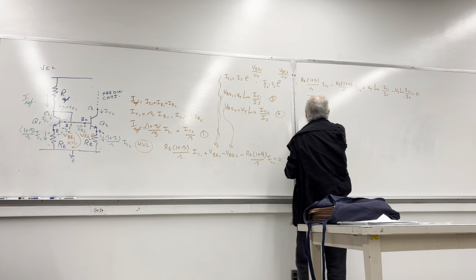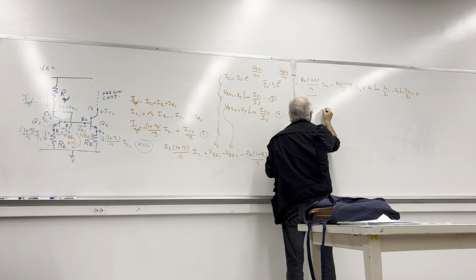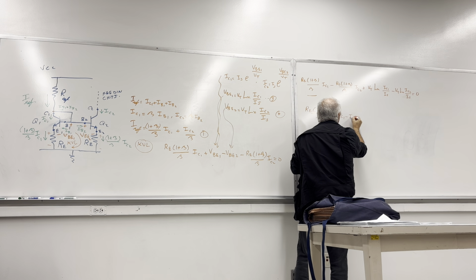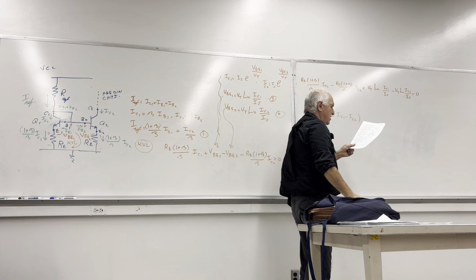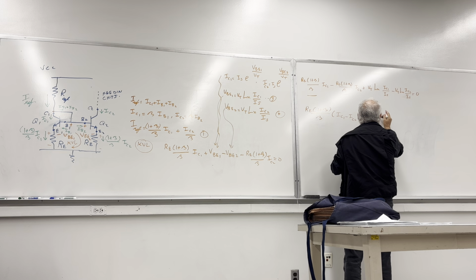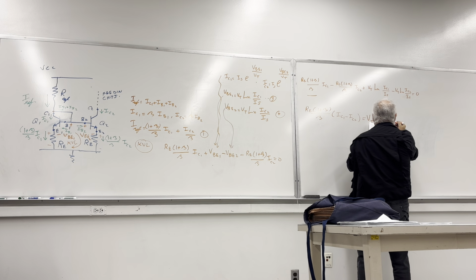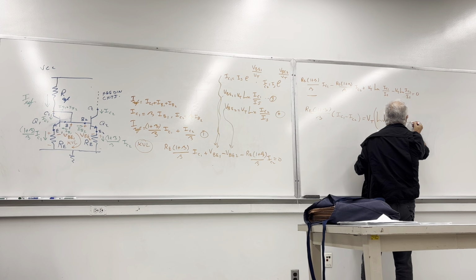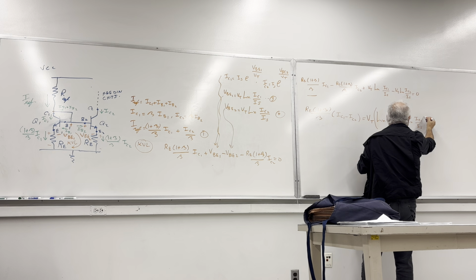If you group, you will get RE times 1 plus beta over beta, IC1 minus IC2, finally is going to be equal to VT multiplied by the ln of IC2 over IS minus ln of IC1 over IS.